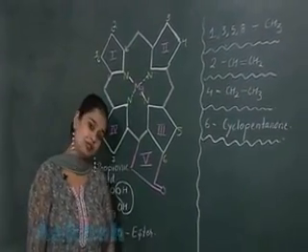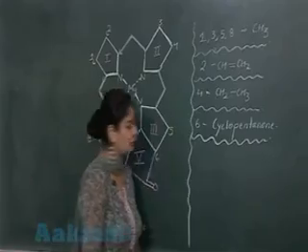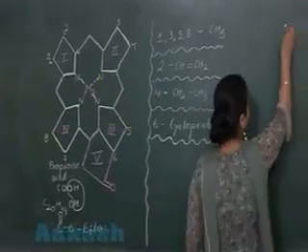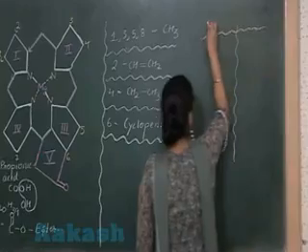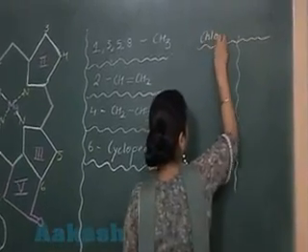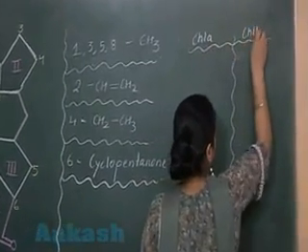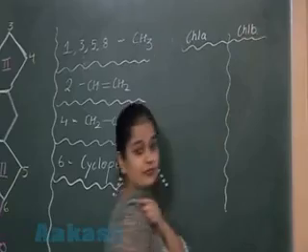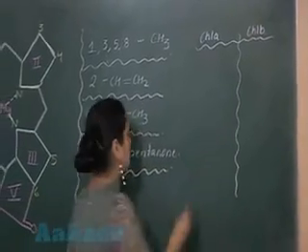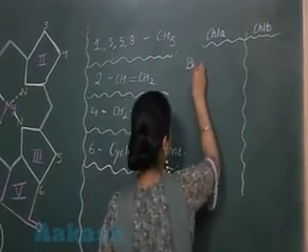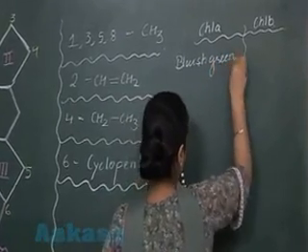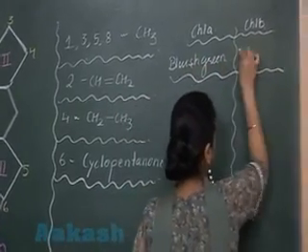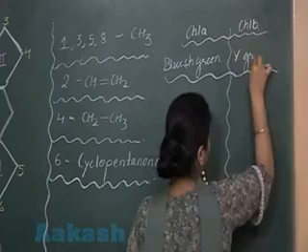Now let's see what is the condition with respect to chlorophyll B. Now chlorophyll A is a bluish green color pigment and chlorophyll B is a yellowish green color pigment.